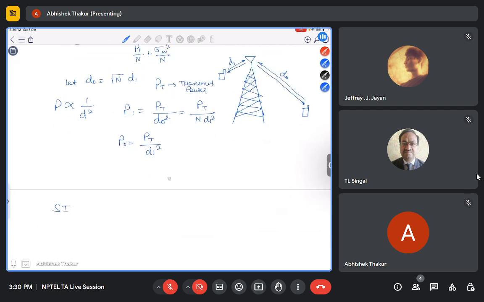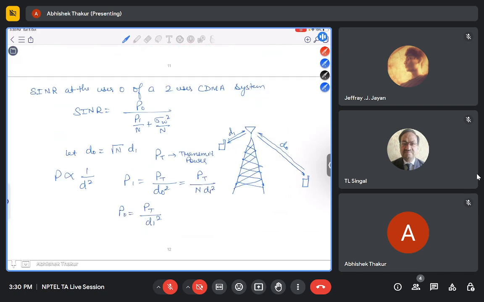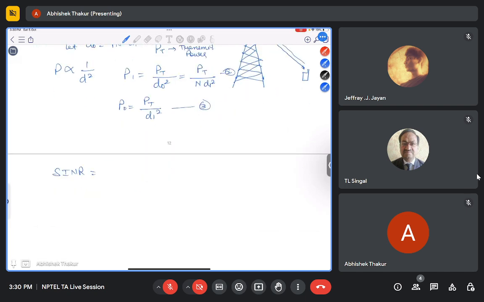So the SINR, after substituting these values of P naught and P1, using 2 and 3 in 1, we will get Pt by n d1 square, divided by Pt by n d1 square plus sigma n square by n.